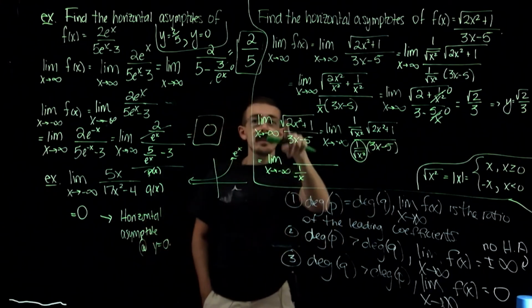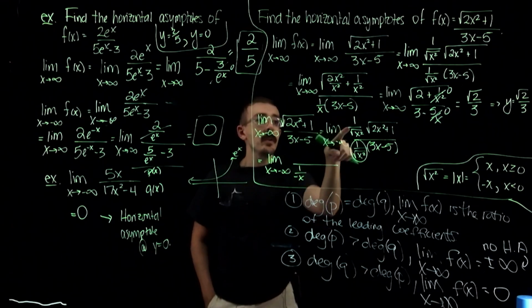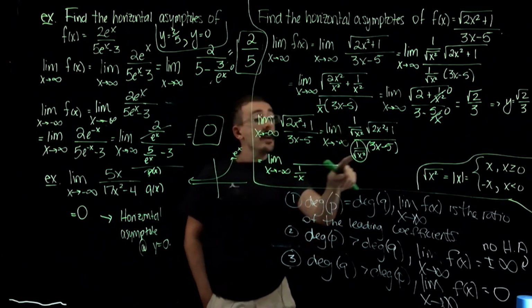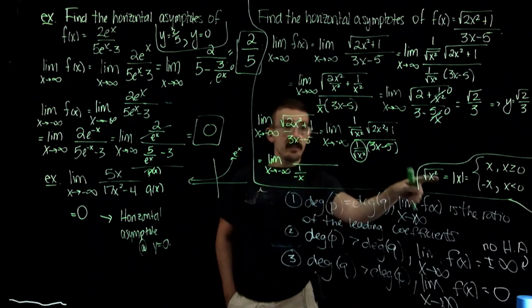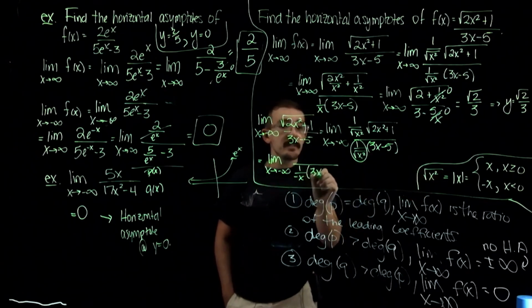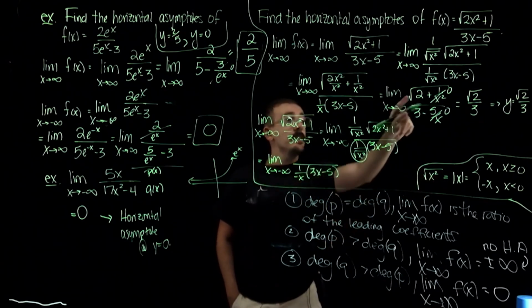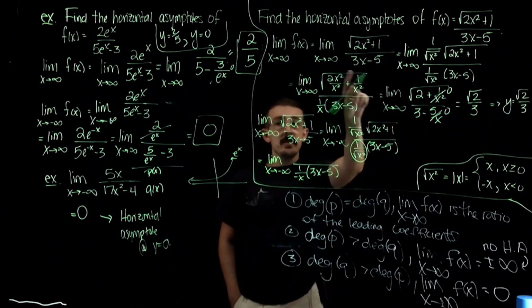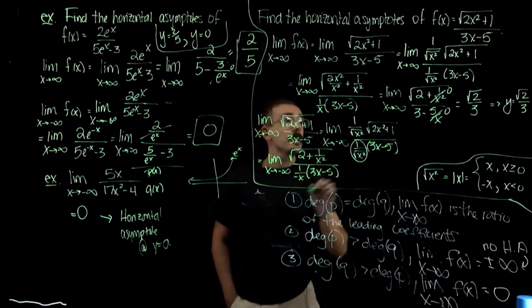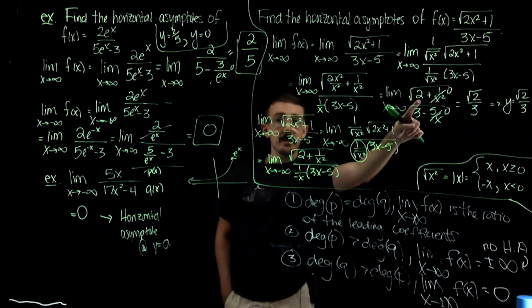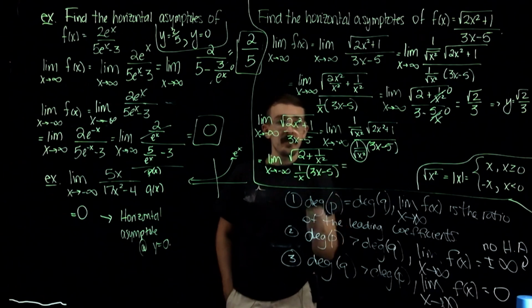So all I did with the original here is I multiplied by 1 over root x squared on the top and the bottom. So these should stay the same. Sorry about that. This right here is 1 over negative x because of the definition, times 3x minus 5. This remains unchanged right here, what I did in the numerator. So this is still the square root of 2 plus 1 over x squared. I've just jumped to this step right here because it's identical.